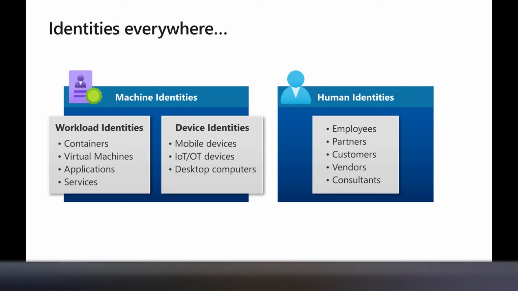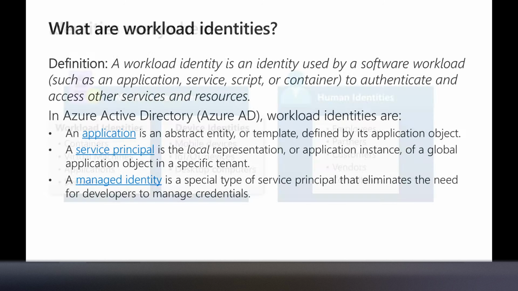Or you can have devices, which are IoT devices, sensors or desktop computers. So these are different identities. But in regards to machine identities, we are going to be focusing on workload identities. Okay, let's move forward.